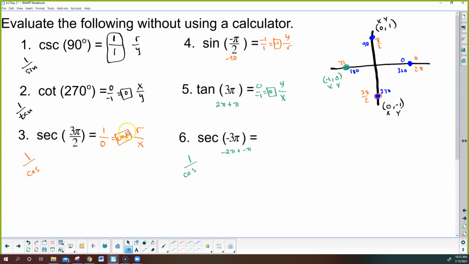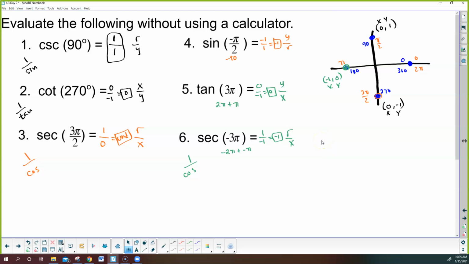We did that over here, so it's r over x. We know the radius is 1, and my x value at this point is negative 1. Okay? So notice how we were not able to draw a right triangle. Those are any of these 4 locations, and that's where you have to use the relationships we just talked about.